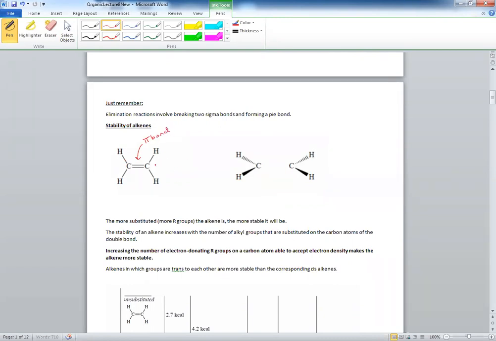Alkenes are sp2 hybridized, and of course they have a trigonal planar geometry, which is again an angle of 120 degrees. So they are flat molecules. They are flat in the plane. Imagine they're in the plane of this paper.